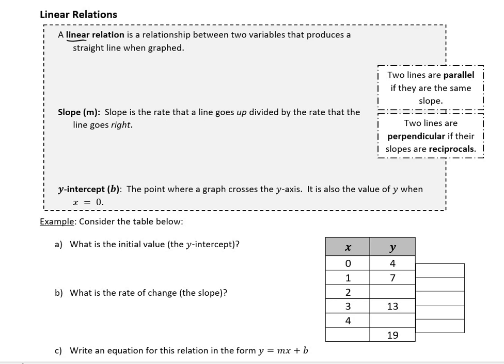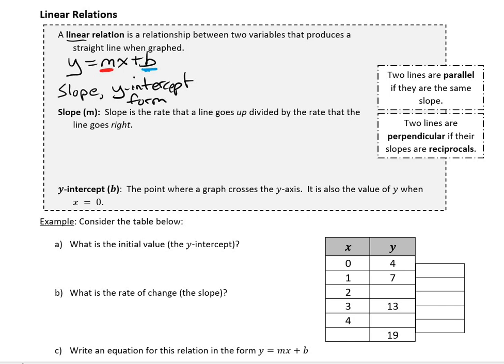We're going to primarily focus on two ways of representing a linear relation with a formula. The first is y is equal to mx plus b. This is often called the slope y-intercept form because it uses the slope and the y-intercept appropriately enough.